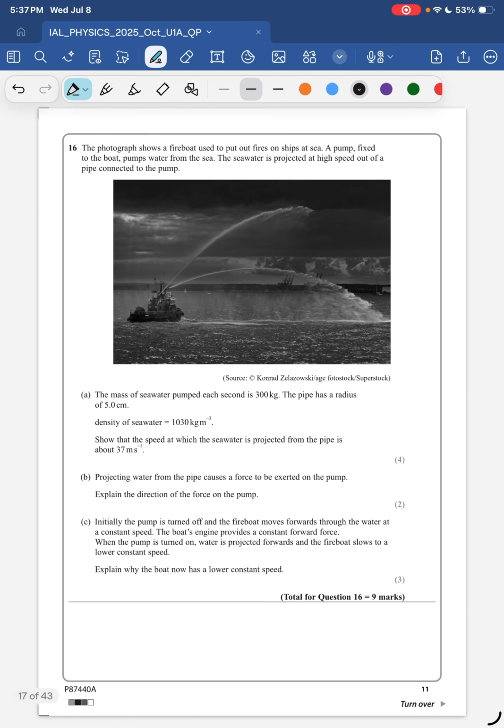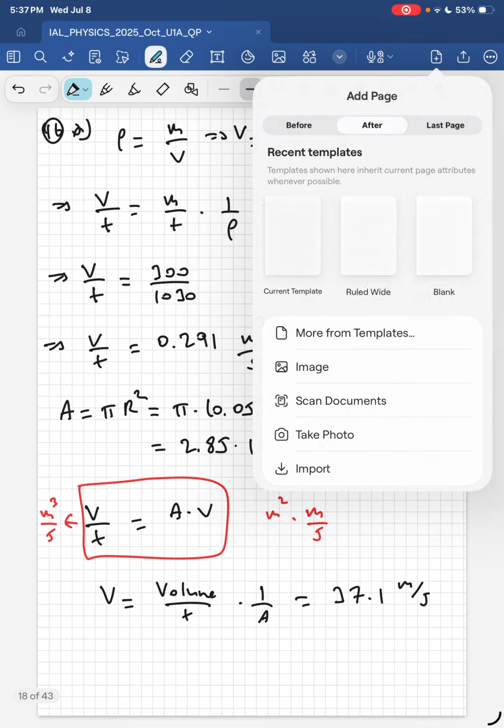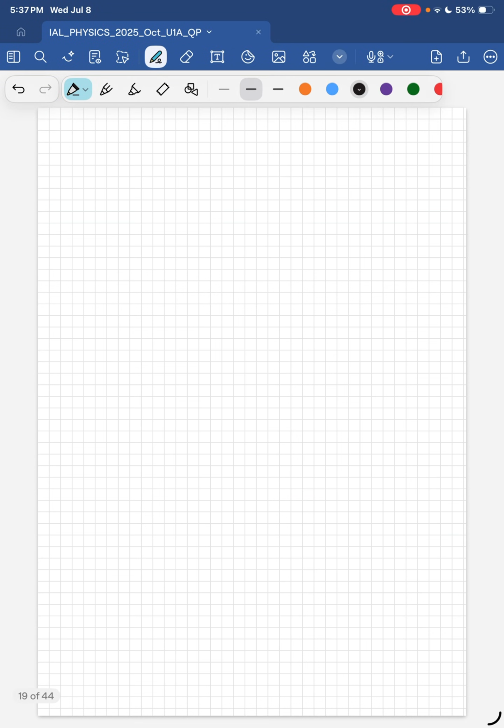Let's move on to part B. Projecting water from the pipe causes a force to be exerted on the pump. Explain the direction of the force on the pump. Okay, let's create another clean page. Okay, so the pump pushes water forwards out of the pipe.